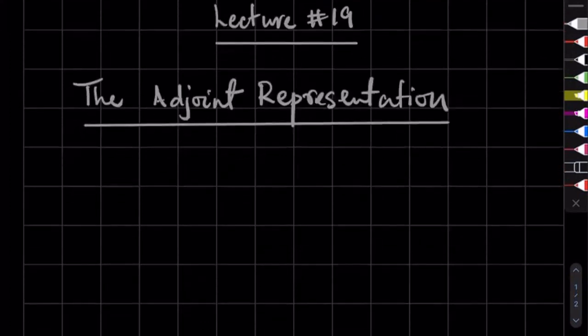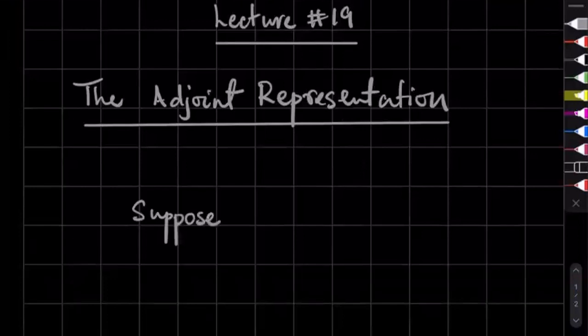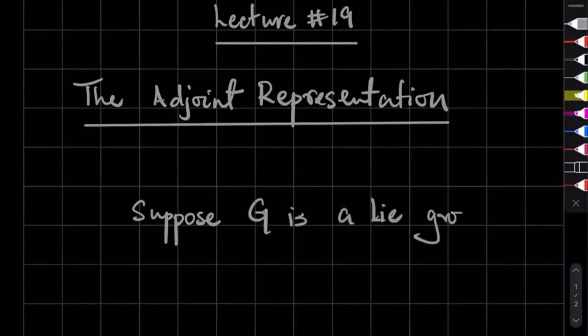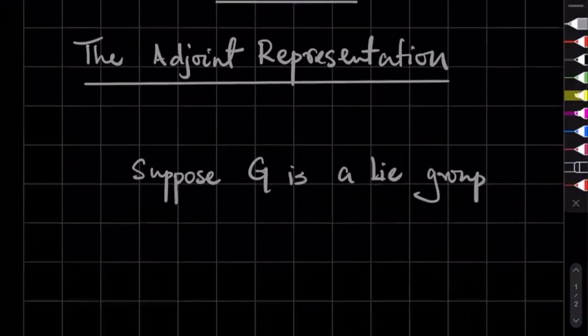Suppose you have a Lie group G, and G tilde is the Lie algebra.